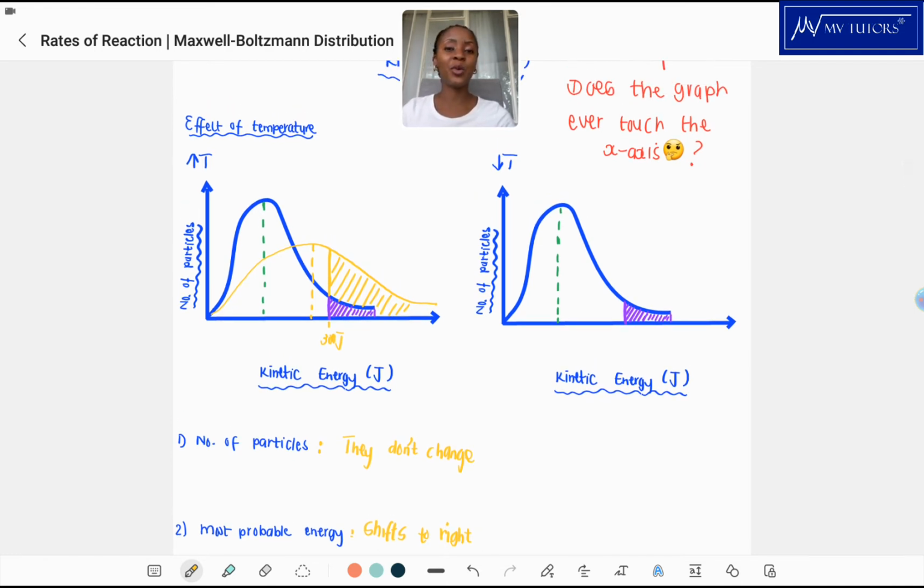But what happens now when you decrease temperature? So when you decrease the temperature, okay, the opposite will occur. Remember, when we increase temperature, this maximum number of particles that you had, they actually decreased for the most probable energy. Okay, but now when you decrease your temperature, your graph still starting at 0.